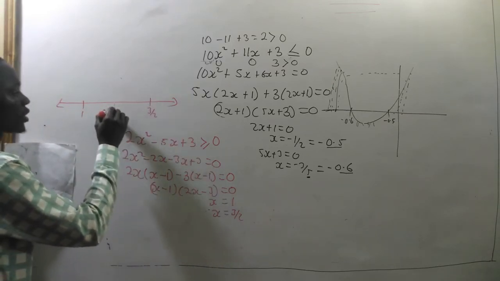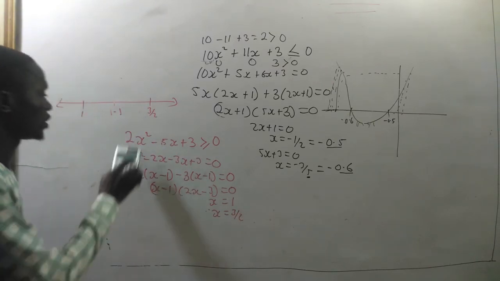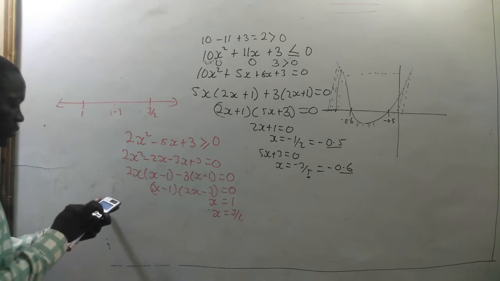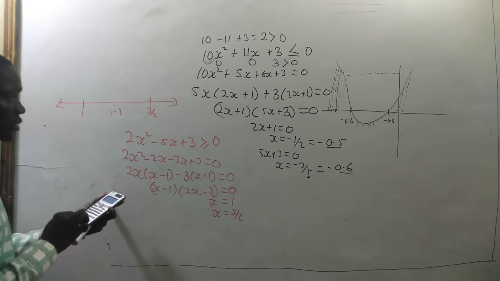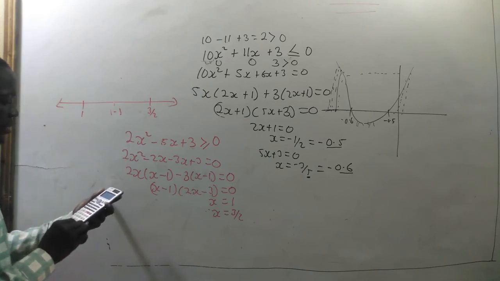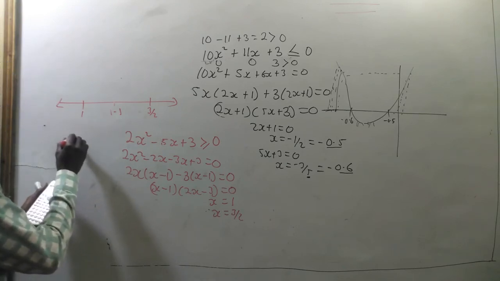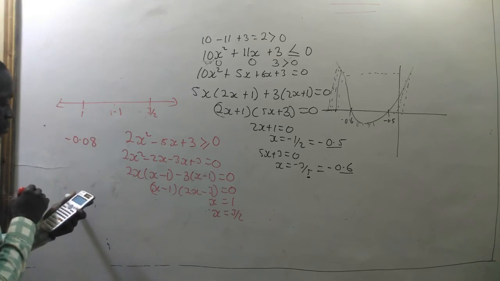So I'm going to use 1.1. So let's put 1.1 into this. We have 2 times 1.1 squared minus 5 times 1.1 plus 3. And the answer is negative 0.08. Wow.